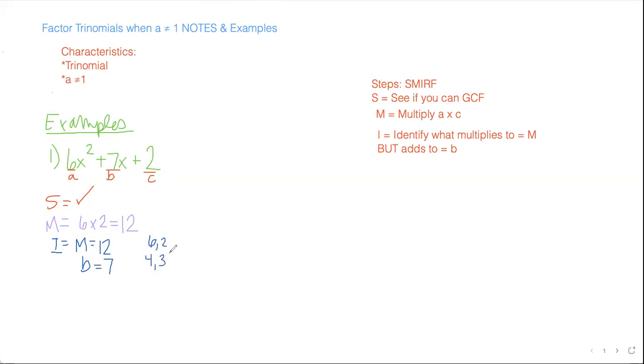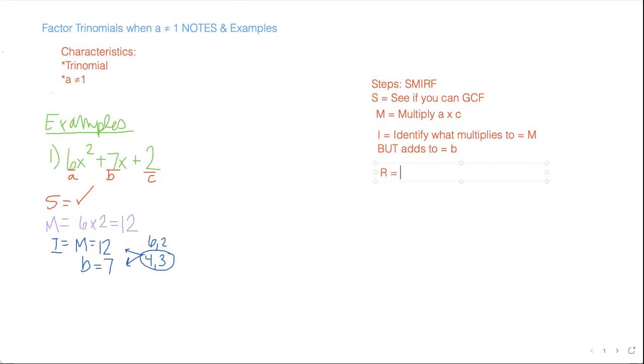But I think we already have noticed that 4 and 3 are the two numbers that add to be 7, but multiply to be 12. So those are my two numbers in step 3. My I step is 4 and 3.